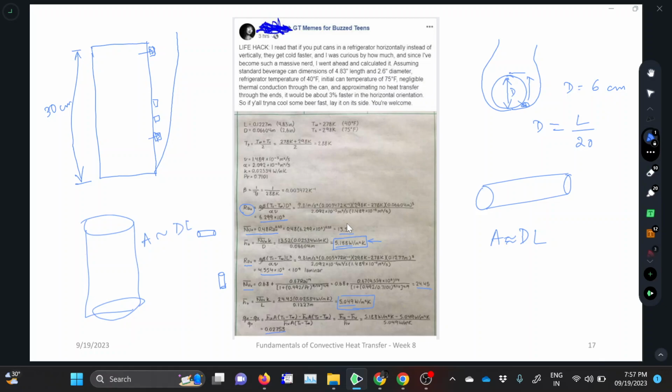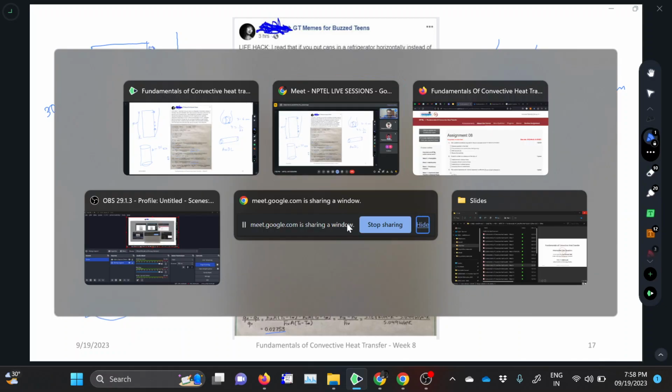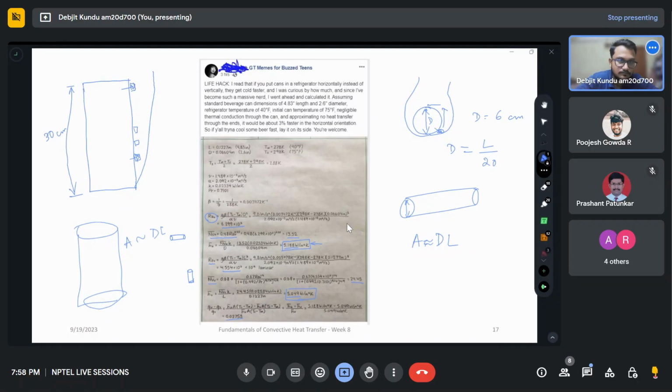So it's the same area available for heat transfer, but the colder fluid particles coming into contact with this hot cylinder are much more for the horizontal case because its height is lower, right? Does that make sense physically? So that's why putting it in a horizontal orientation would cool cylinders much faster. It would enhance the heat transfer rate by natural convection.